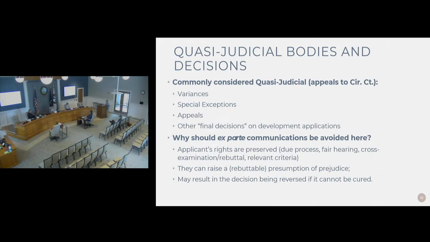So again, we've mentioned this, but we're talking about your variances, your special exceptions, appeals. Anything else is considered a final decision on a development application. I think in one of our preliminary calls, Joe, you may have mentioned, I think the council looks at license applications, business licenses? Yeah. Okay. Well, that's standard. Okay, and you handle that as a quasi-judicial matter? Yes.